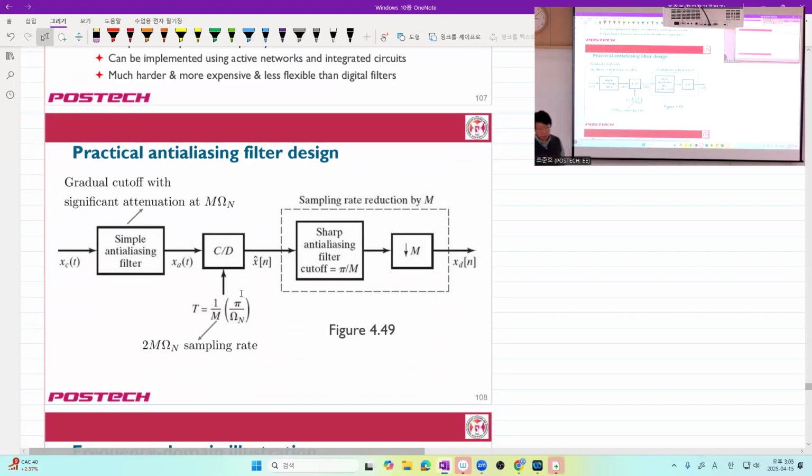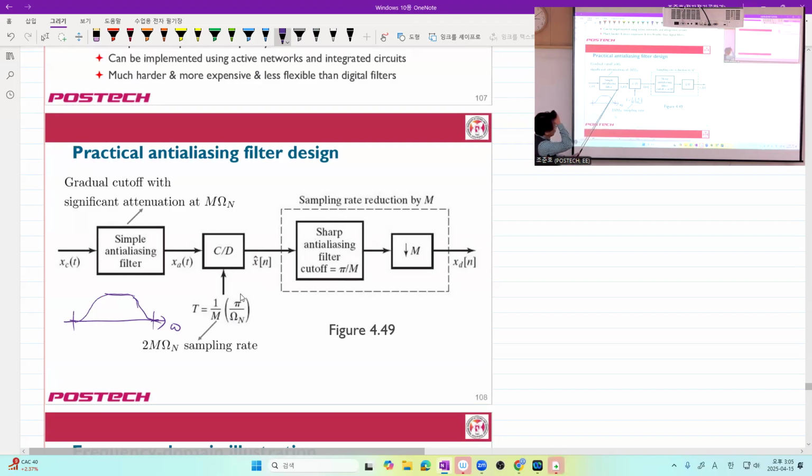You may have some filter in the frequency domain that does not have a very sharp roll-off from the pass band to the stop band. In that case, what happens? What you do is use a higher sampling frequency so that you still have no aliasing or very small aliasing.